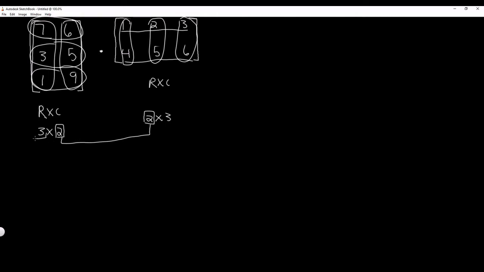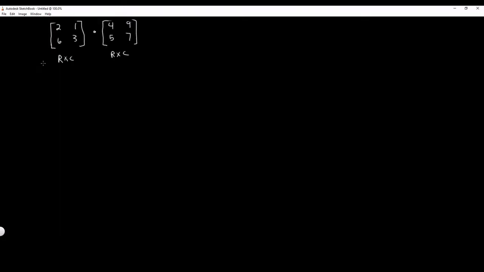The two outside numbers will be the final size of your multiplied matrix. So if you multiply these two matrices out, the final resulting matrix will be a 3 by 3 matrix. We're not going to do this problem. We're going to start out with a 2 by 2 matrix first.